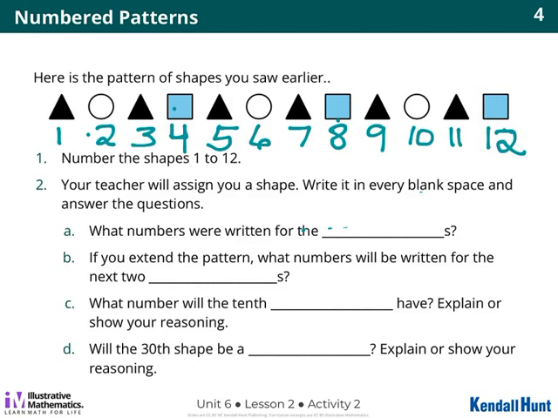Okay, now we're on to the circle, right? So what numbers were written for the circle, Kira? So for the circle, we have 2, 6, 10.